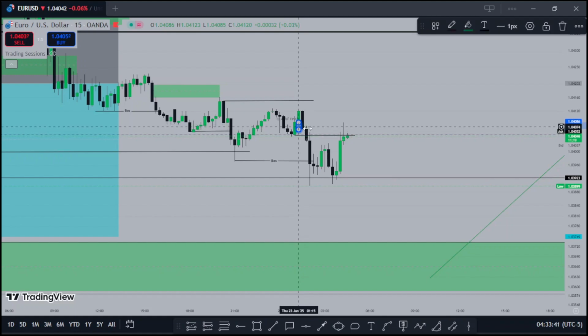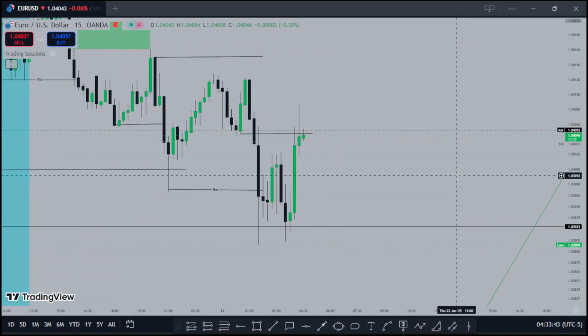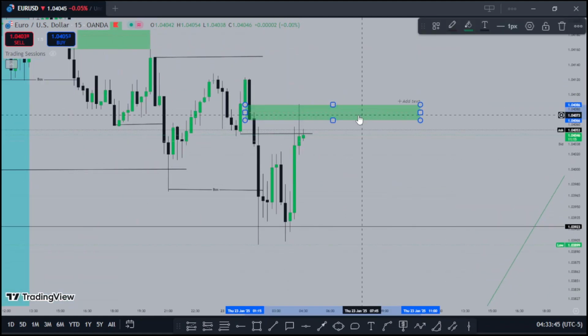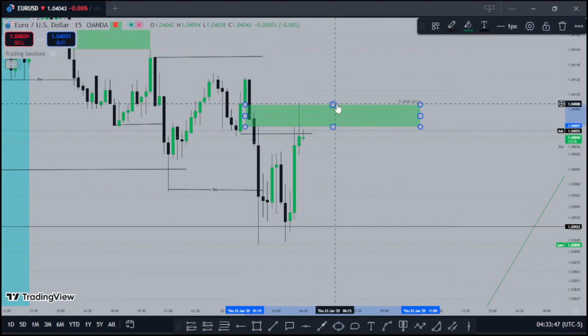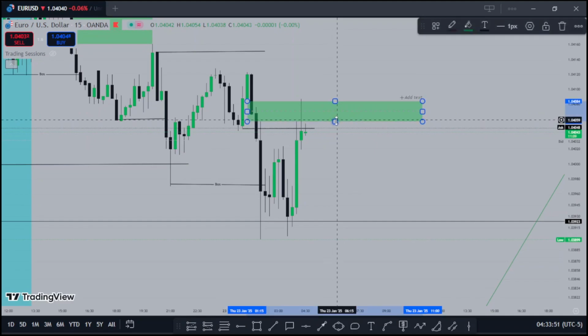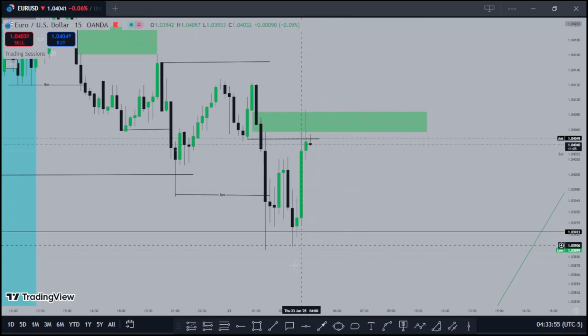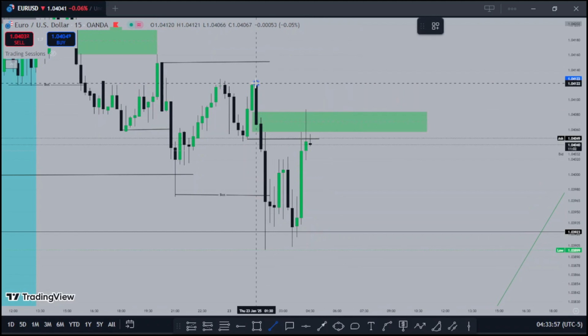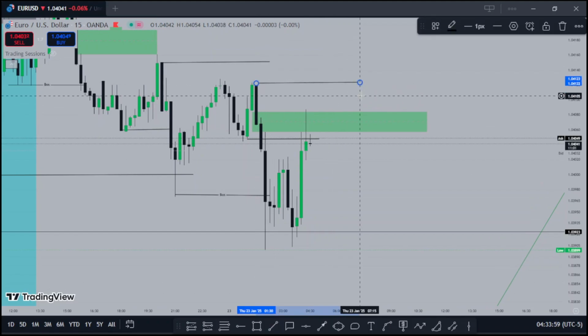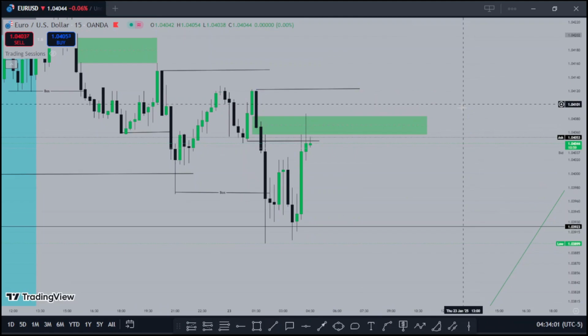There was a fair value gap over here, and over there, and price already respected it with this wick. So I don't want to see price close above this high. I want to see price just dropping at this point.